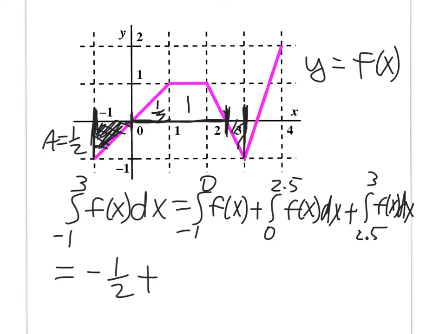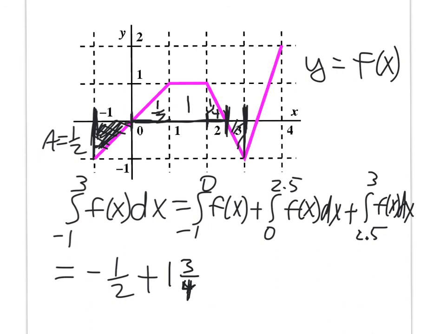And then the area of this triangle from 2 to 2.5 will be what? Okay. Base is 1/2. Height is 1. So 1/2 times base times height. That part will be 1/4. Add those 3 parts together and we'll get 1 3/4, or 1.75, or 7/4, whatever form you want to write that in.